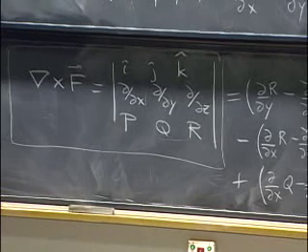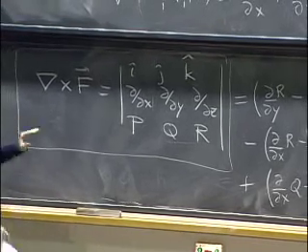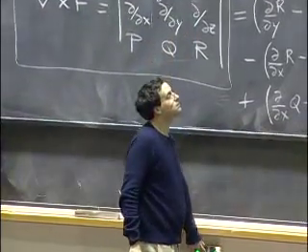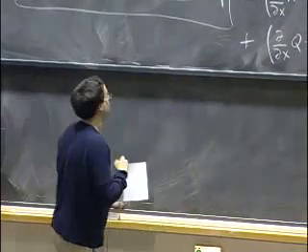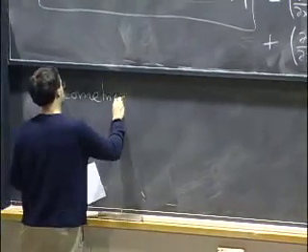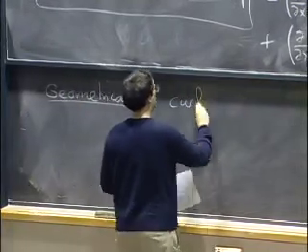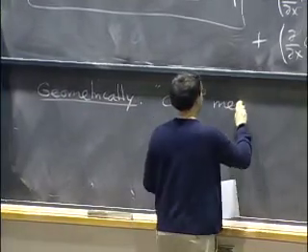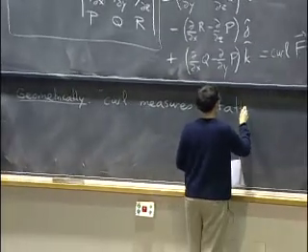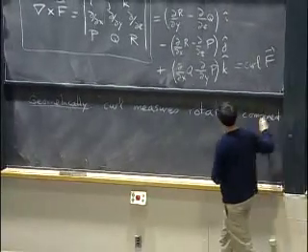Okay. So what's the geometric interpretation of curl, just to finish? In a way, I will say curl measures the rotation component in a velocity field.